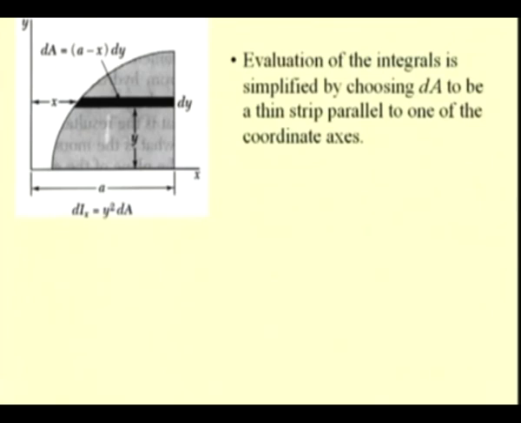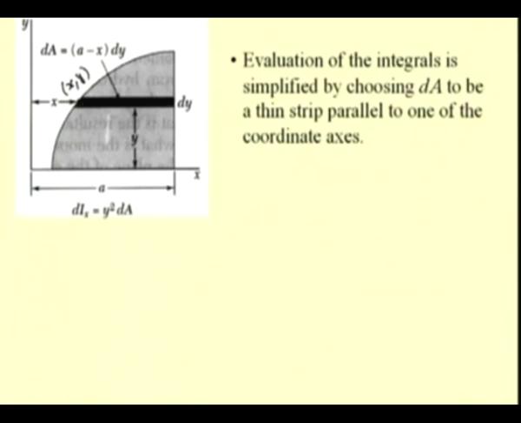What is the area of this element? It is nothing but, if this distance is a, then a minus x, this point on this curve has the coordinate x comma y, times the thickness of this element, that is dy.